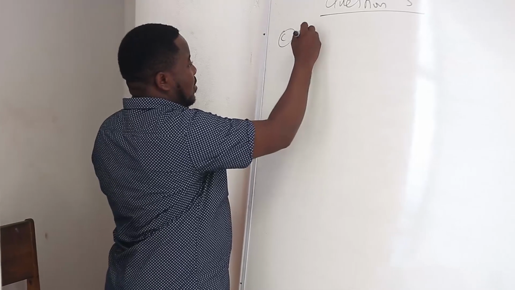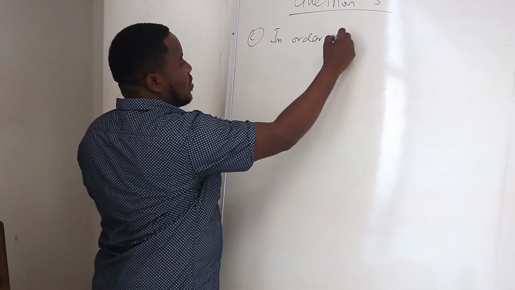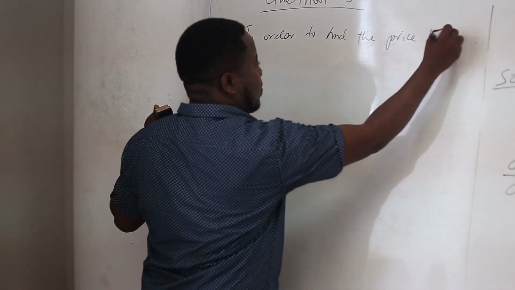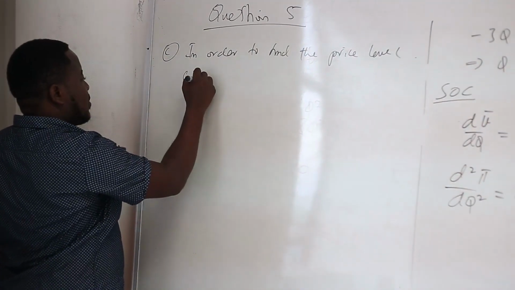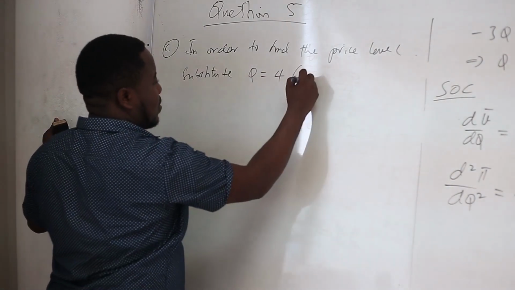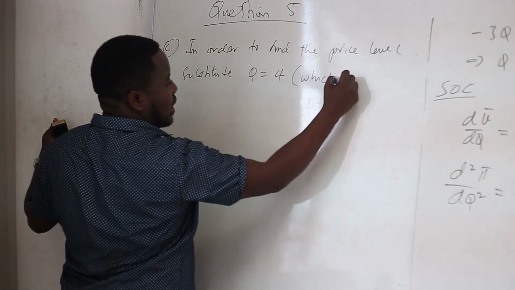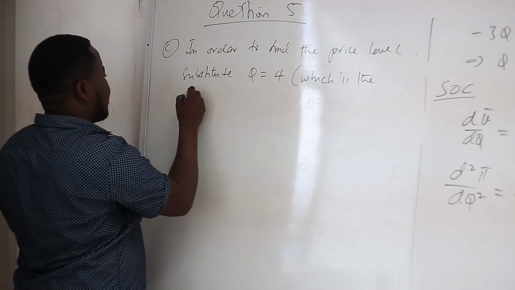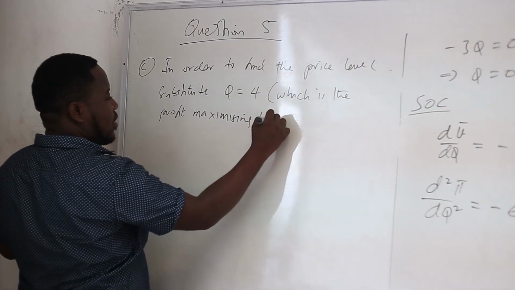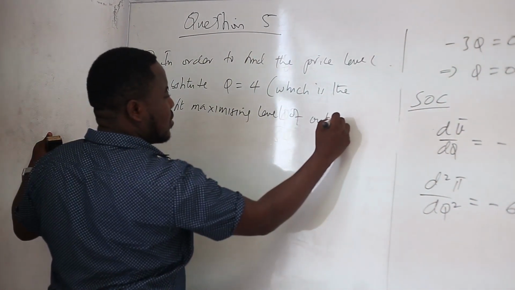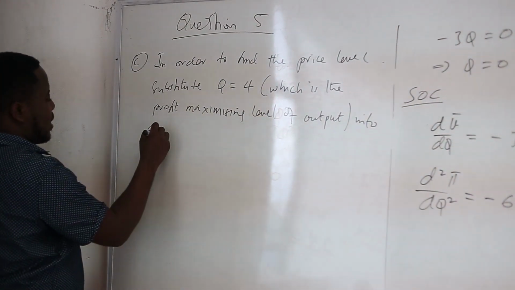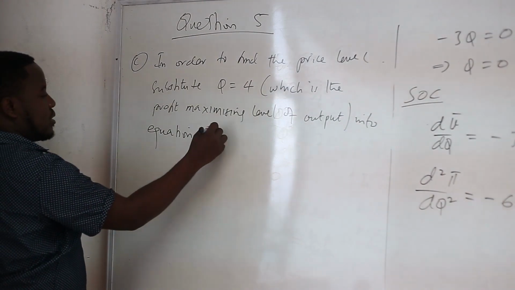So, in order to find the price level, substitute Q is equal to 4, which is the profit maximizing level of output, into equation 1.